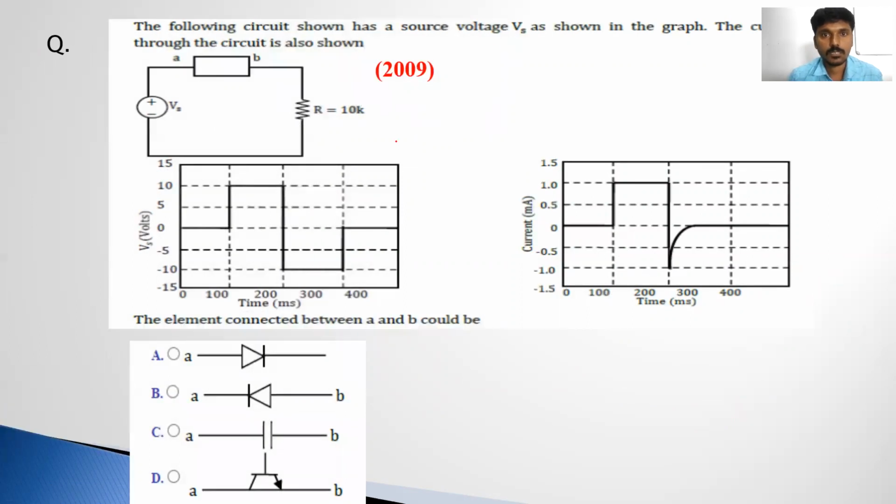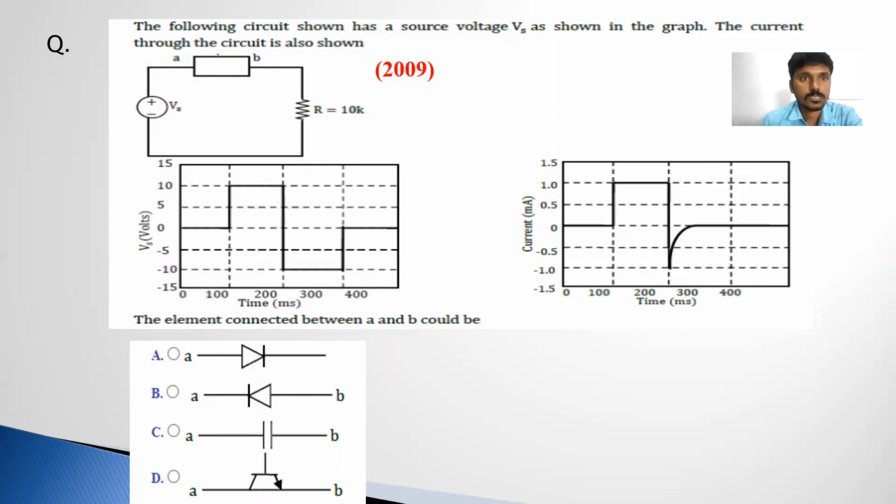These are the questions I took from previous question papers. Please remember. The following circuit has a source voltage Vs, and the current through the circuit is shown.